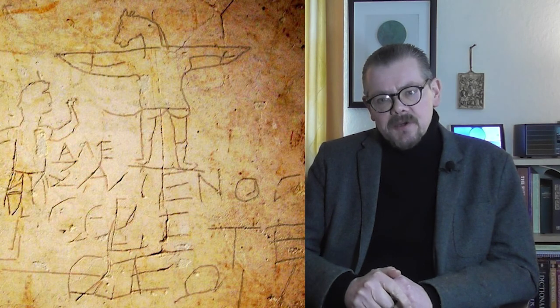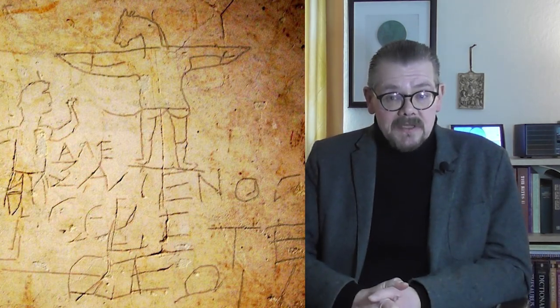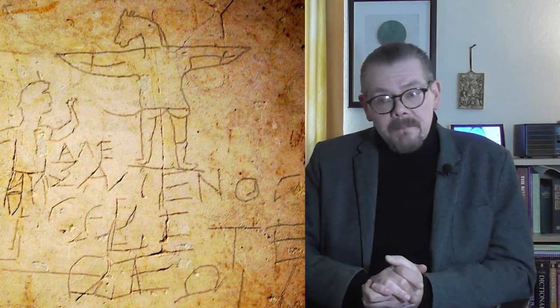And it seems as though one bored youth, in some moment when the teacher wasn't being particularly interesting, has taken his stylus and scratched this image into the plaster of his schoolroom. And remarkably, it has survived to be discovered all those centuries later. It's now safely kept in a museum.